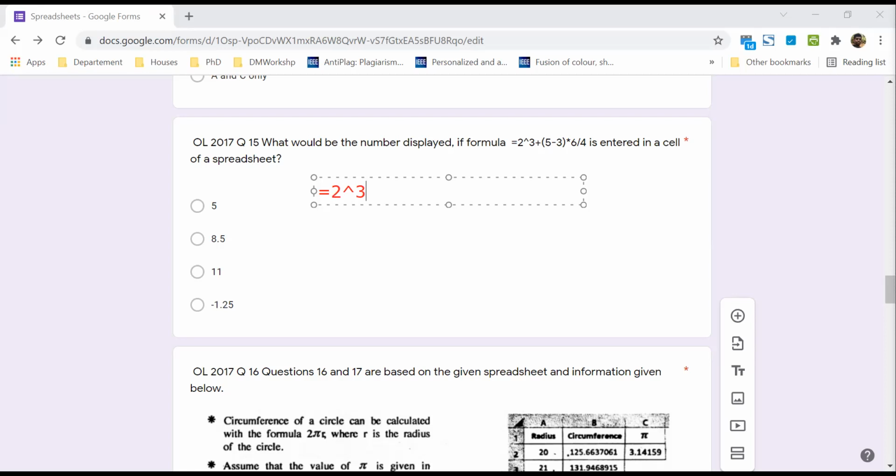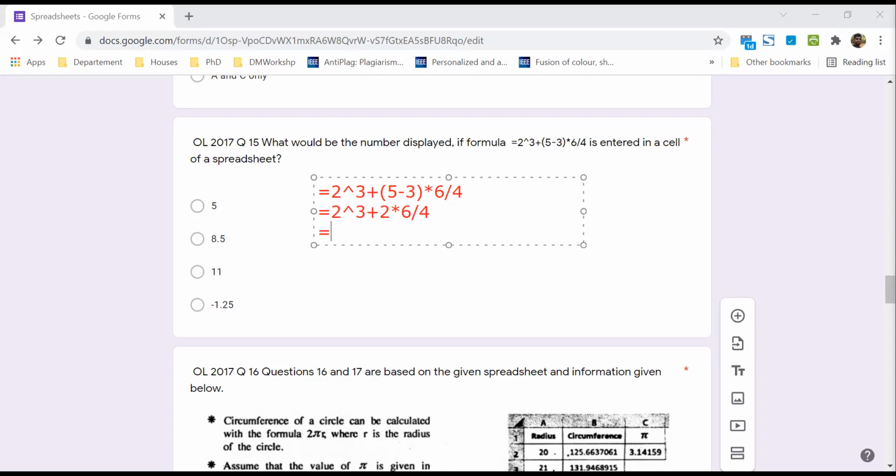So 2 to the power 3 plus (5 minus 3) into 6 divided by 4. So this is the question. So first of all, you have to work on the brackets. So the first step would be, I will work inside the brackets. So 5 minus 3, that means it will be 2 multiplied by 6 divided by 4, right?